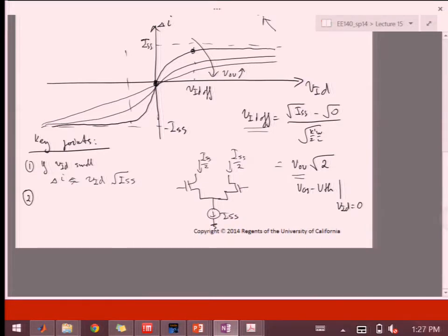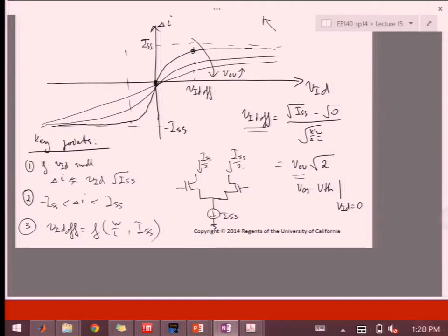The second one is obviously that delta I is between minus ISS and ISS. Those are the swings, currents you can swing. The third one is that we mentioned, that VID off, which is this cutoff range, is a function now of WL, of ISS, etc. This has not been the case in bipolar.